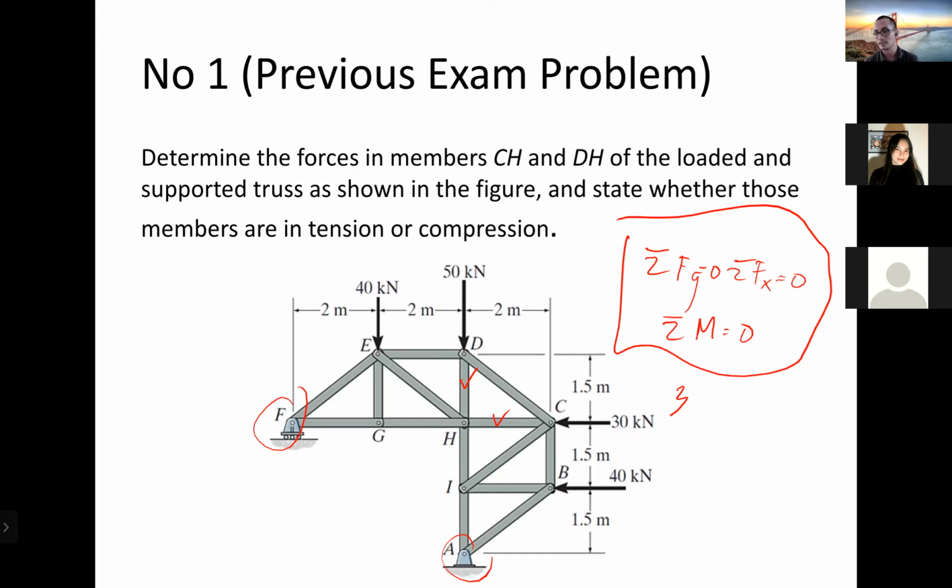Okay, William, can you help Omar? Yes, sir. We can cut HI, HC, and DC. HI, HC, and CD. Okay. And how about EH then? How can we find the force at EH then? BH is part of the question, right? Yes. Oh, yes.